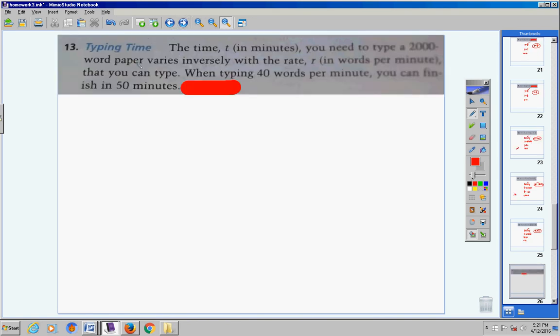The time t you need to type a paper varies inversely with the rate r. Stop right there. T varies inversely with r. Got it? So t varies inversely with r.